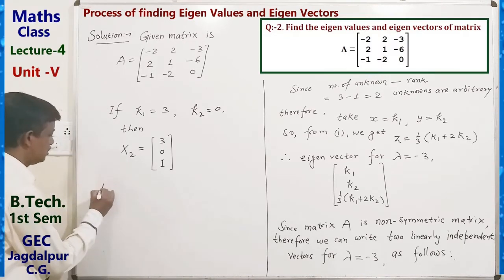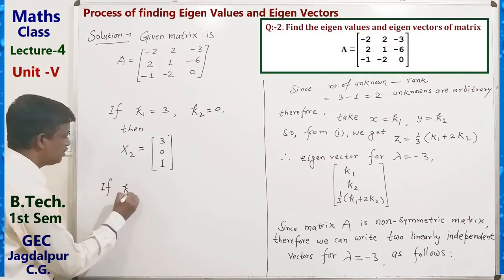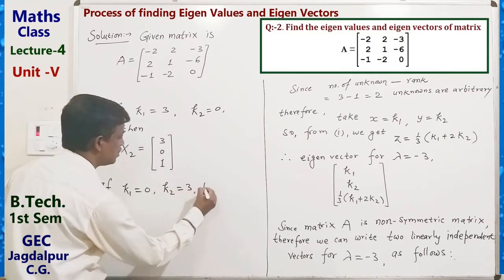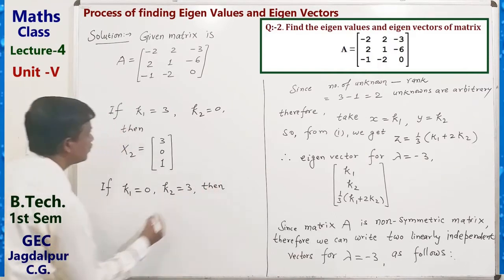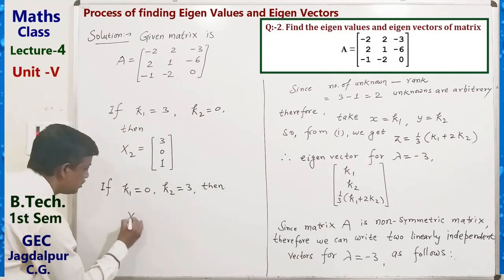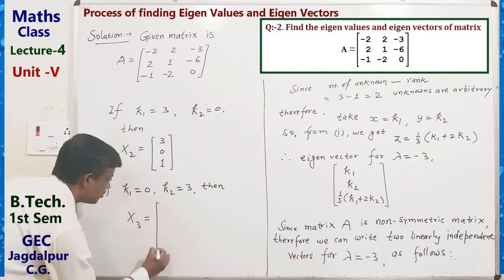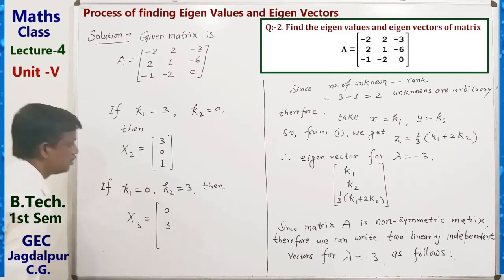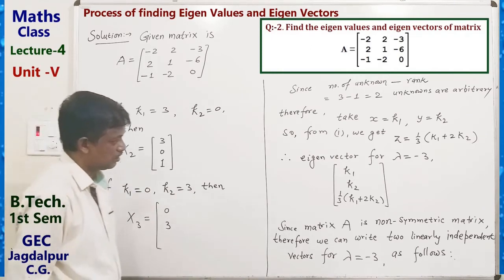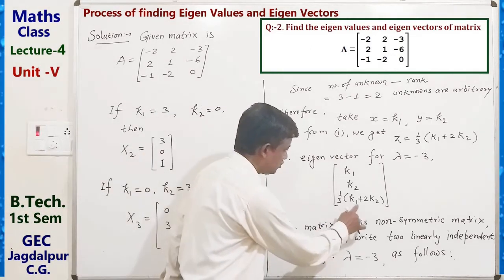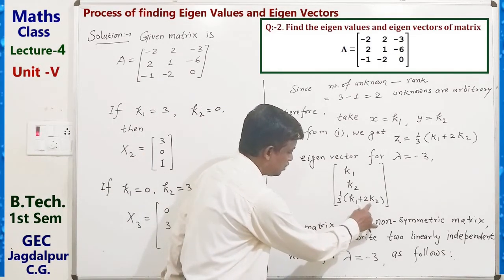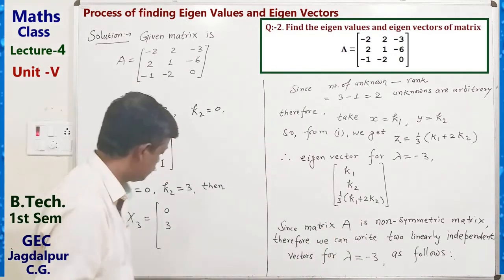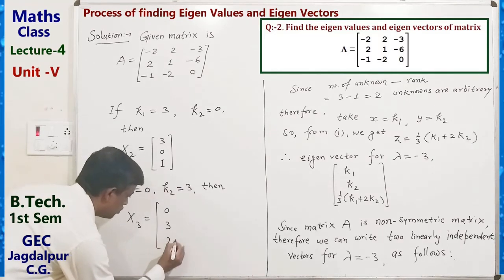Now if k1 equals 0 and k2 equals 3, then x3 equals 0, 3, 2.